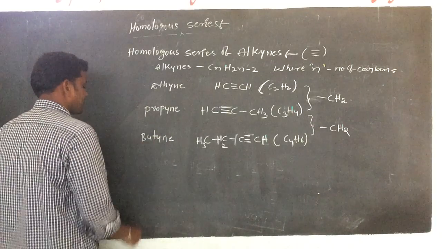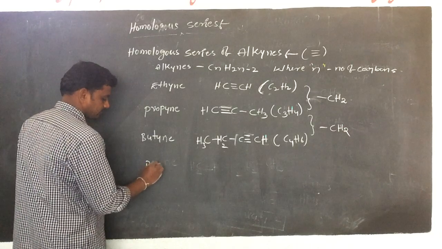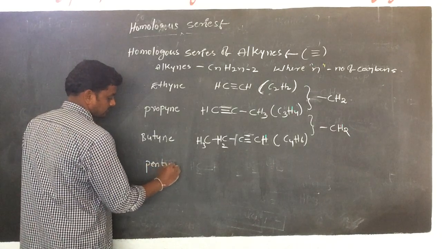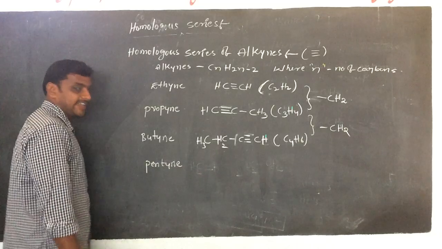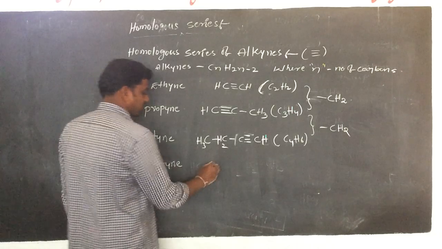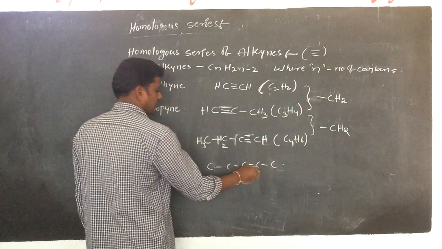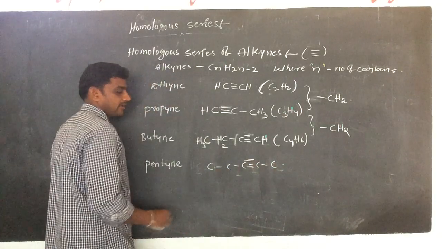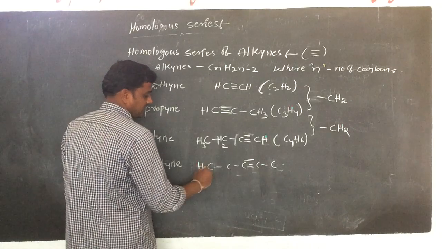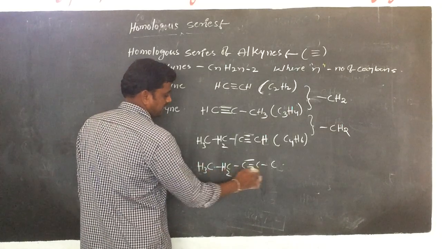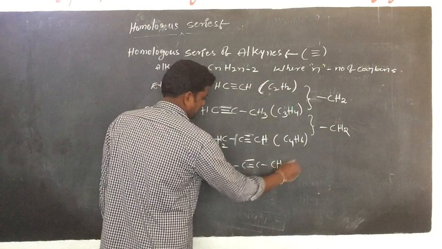Okay? Next one is pentyne. Pent means 5 carbons: 1, 2, 3, 4, 5. Ine means a triple bond is present anywhere. CH3, CH2, and remaining is CH3.